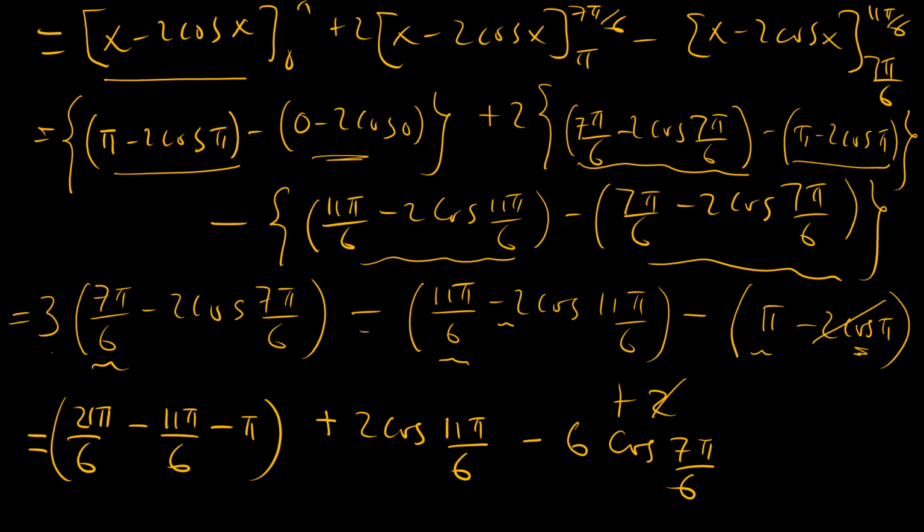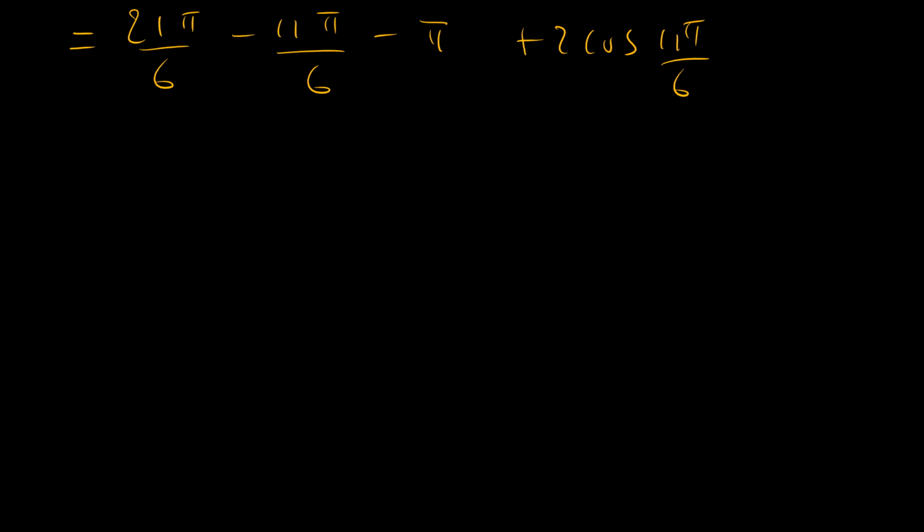Okay. So we've come to a scenario where we have 21 pi over 6 minus 11 pi over 6 minus pi, then we have 2 cosine 11 pi over 6 minus 6 cosine 7 pi over 6.